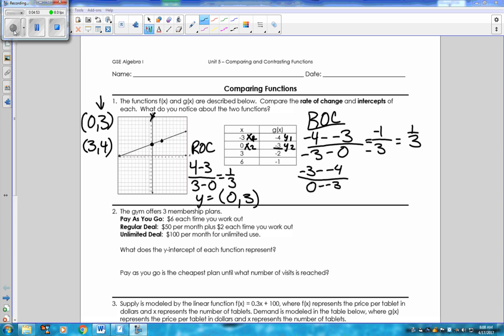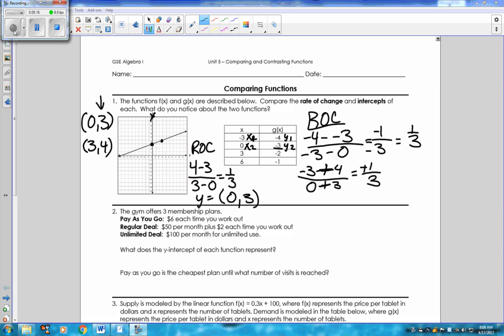Are you with me? So a negative 3 minus a negative 4 becomes a positive. So I get positive 1 over positive 3. Do we get the same thing?